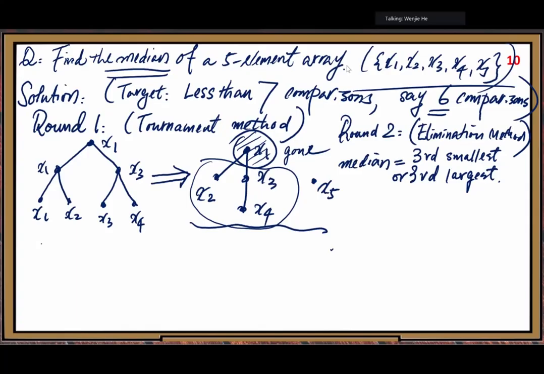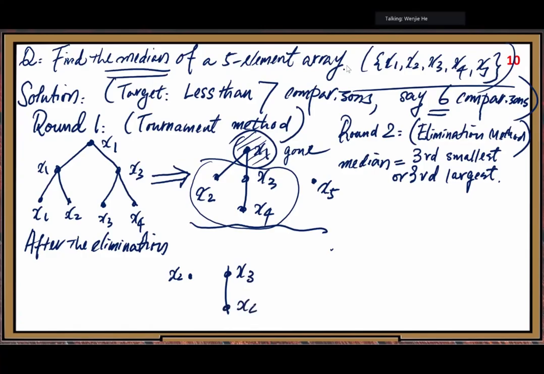So after the elimination, what do we have? We have X2, X3, X4.